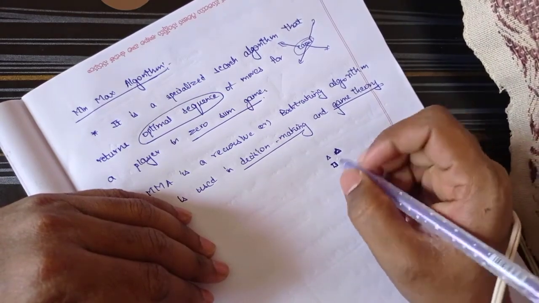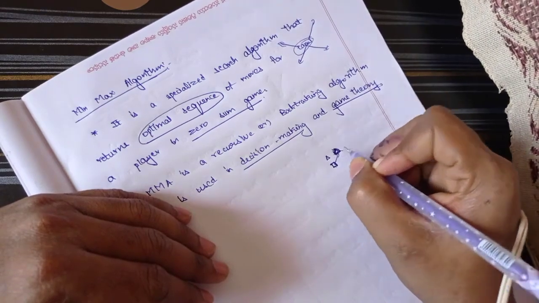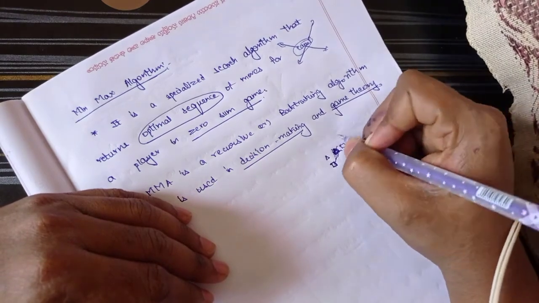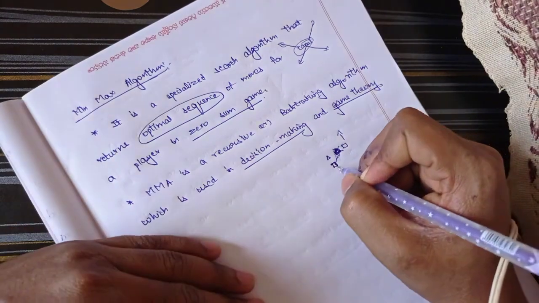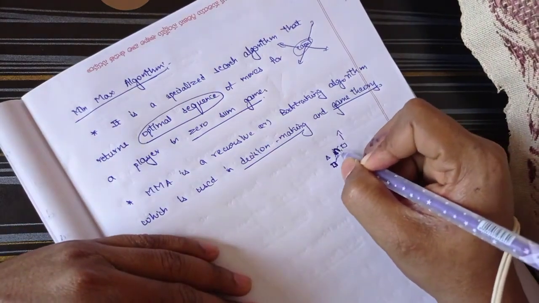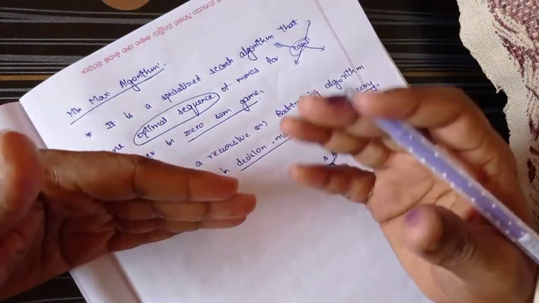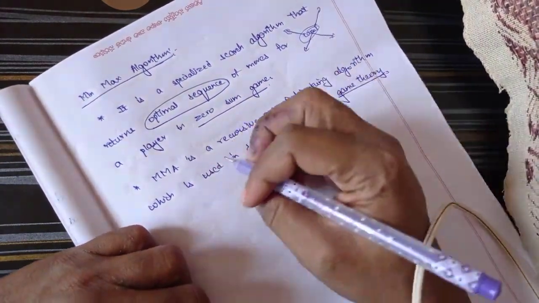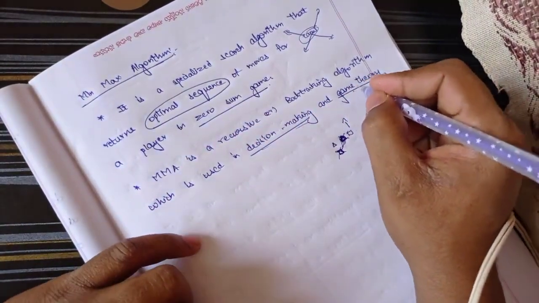To increase your probability of winning, you will try to kill this particular node, and then later you can move your steps there. Or else, if you stay here itself, this particular soldier will try to kill your node. So we have to make each and every decision optimal to find a better solution. We'll be using this MMA, the min-max algorithm, in decision making as well as in game theory.